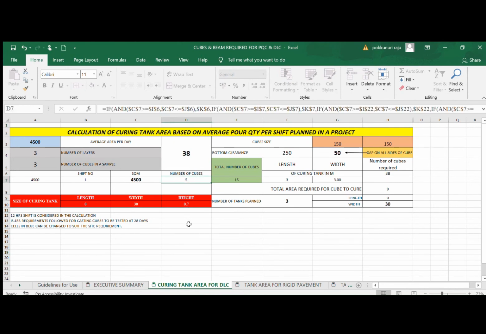So if this is the length which can be placed in the project as far as DLC is concerned, then probably for DLC you will require 38 cubes at any point of time.